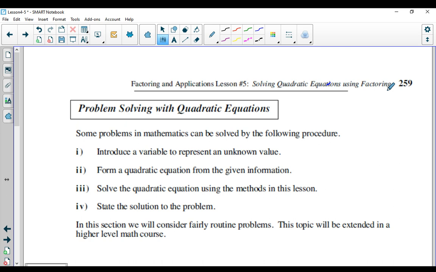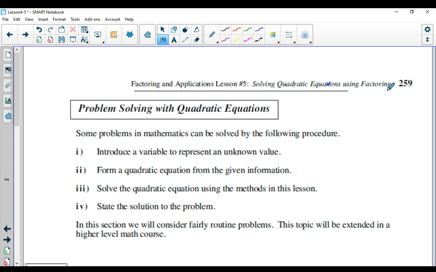All right, so here's some general guidelines of how to set one of these word problems up. Typically, in one of these problems, there's going to be some unknown quantity that you need to solve for. Sometimes it's one unknown quantity, sometimes it's two of them. You need to pick some variables that are going to represent those unknown quantities. Two, you form a quadratic equation from the given information.